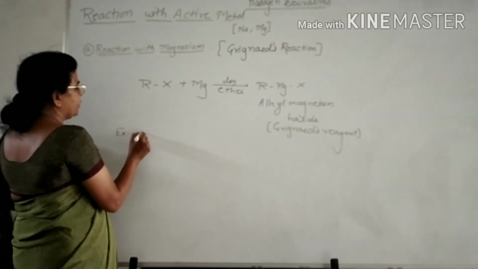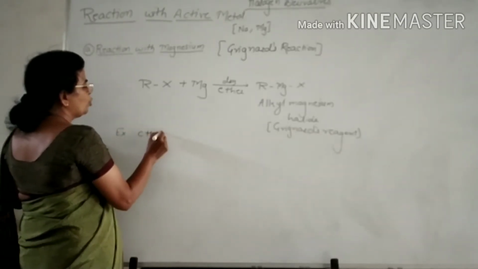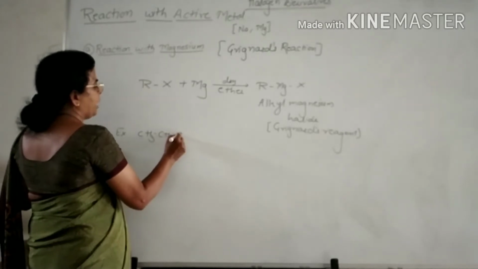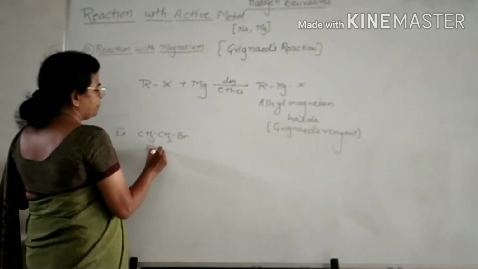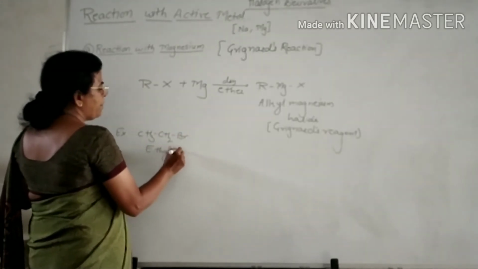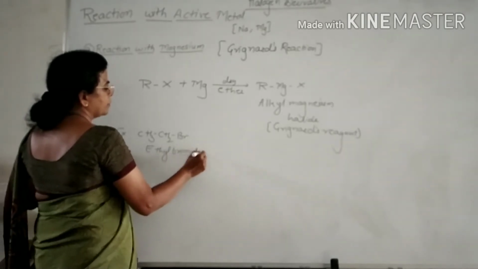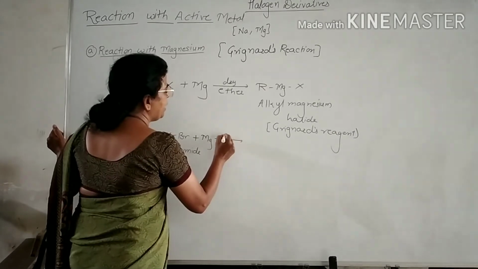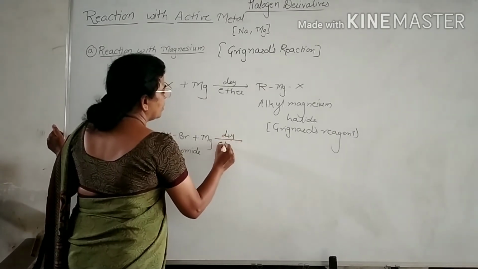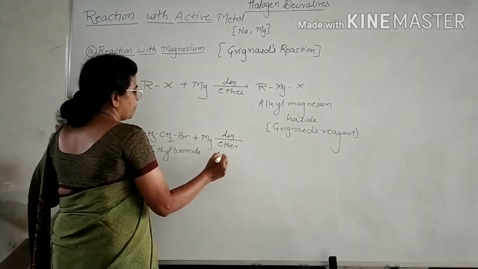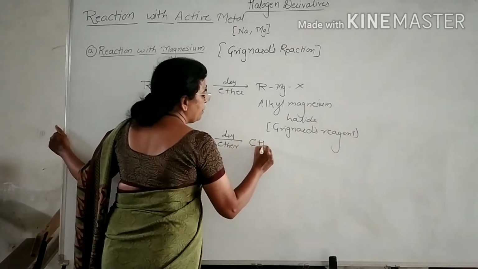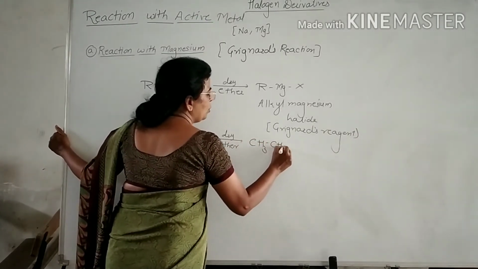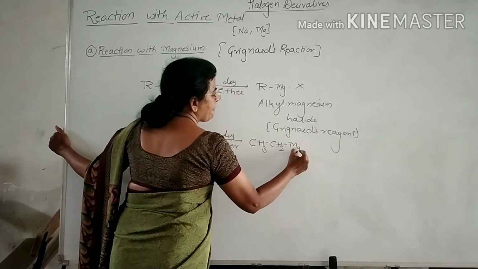When alkyl halide, that is CH3CH2Br, ethyl bromide, is treated with magnesium metal in presence of dry ether, it gives ethyl magnesium bromide, that is CH3CH2MgBr.